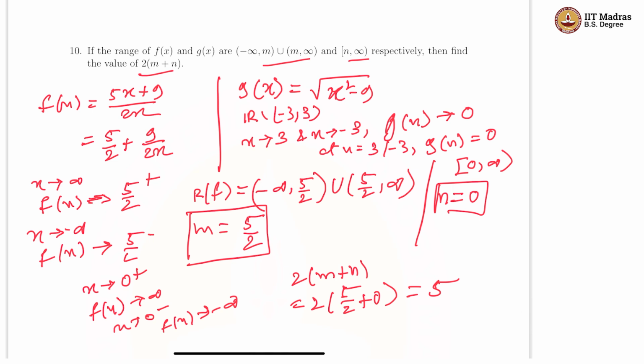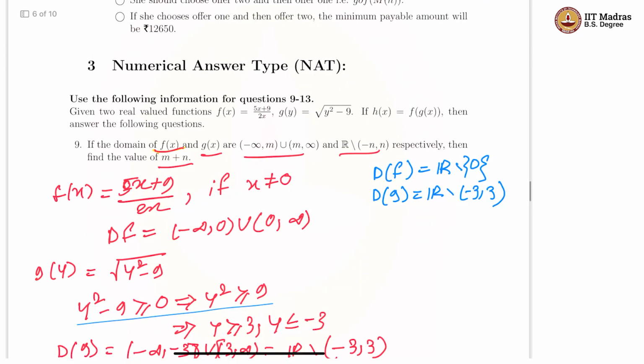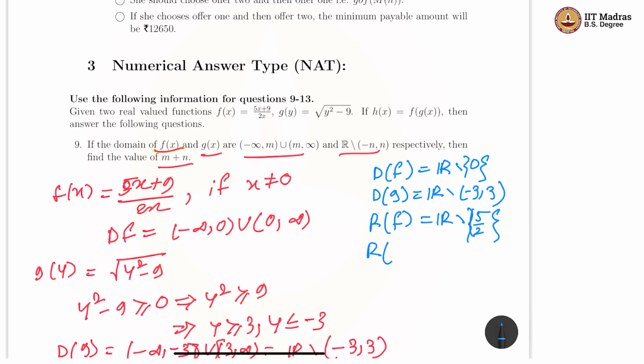The range of f is the real line minus the point 5 by 2, and the range of g is 0 to infinity.